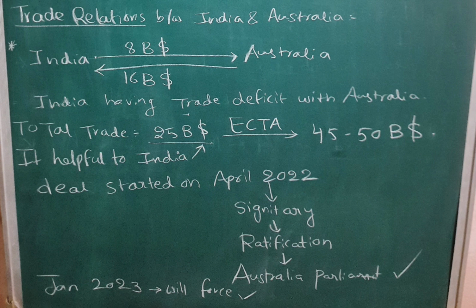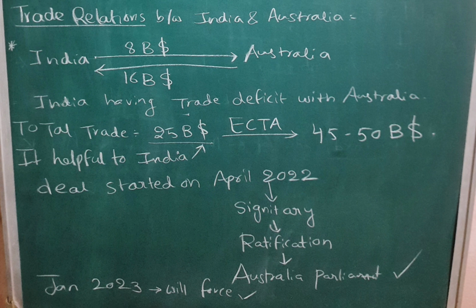So India has a trade deficit with Australia, because India is only providing $8 billion to Australia, but Australia is providing $16 billion.